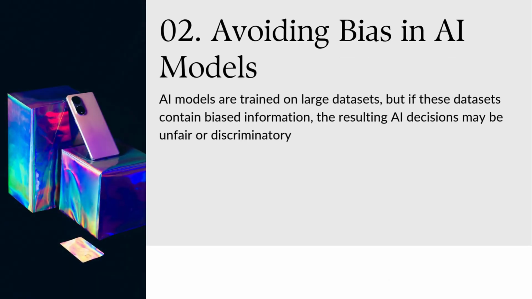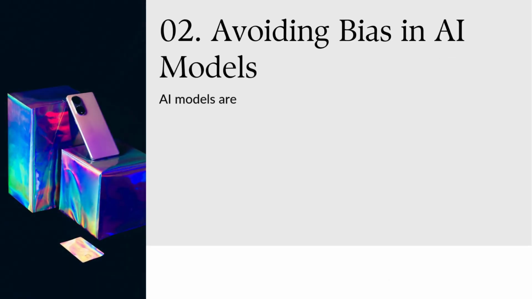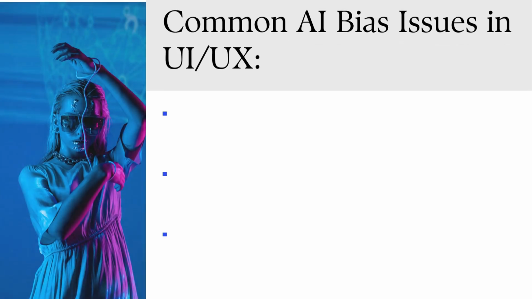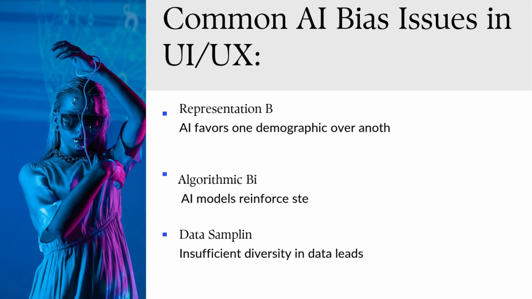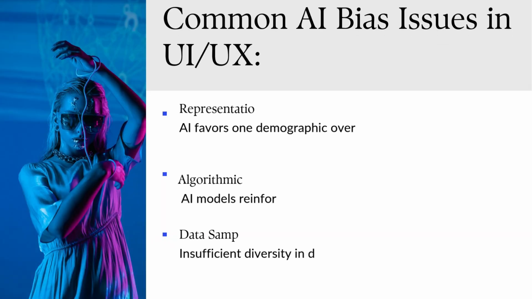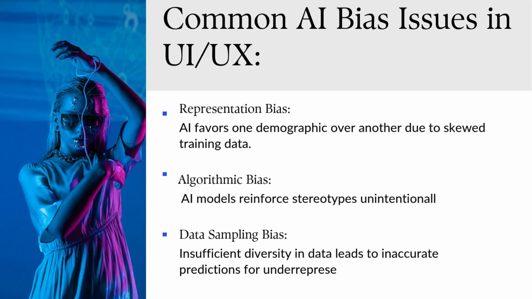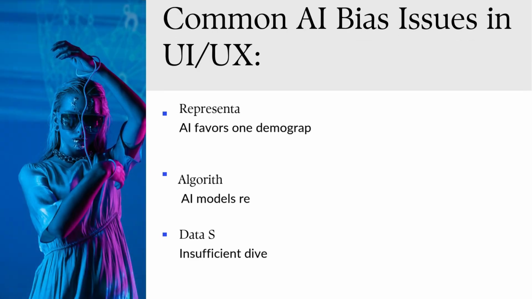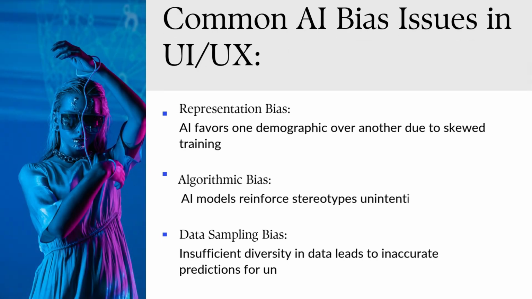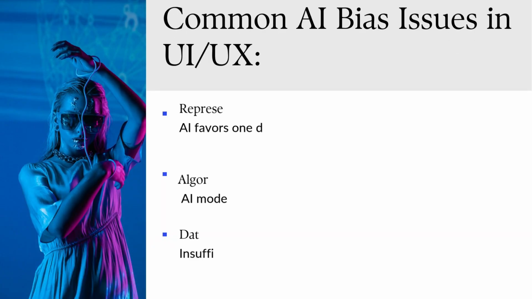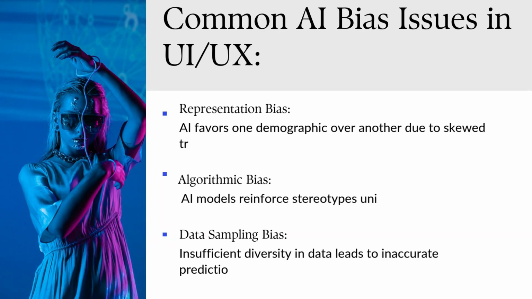And that's beautiful, guys. So guys, let's go ahead to talk about some of the common AI bias issues in UI and UX. First on our list, we have what we call the representation bias. With this, AI favors one demographic over another due to the skewed training data.